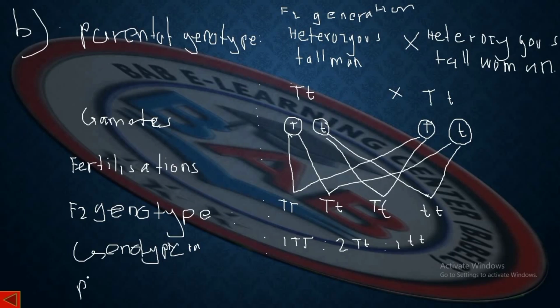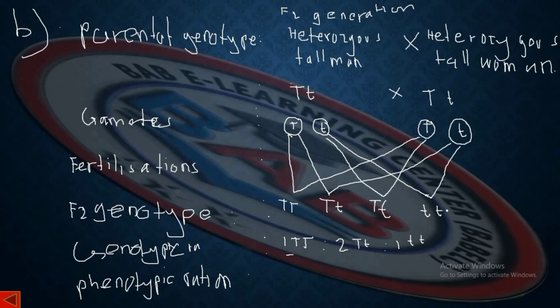Then the phenotypic ratio. This one is tall because it contains two dominant alleles for tallness. These ones are also tall because they contain a dominant allele for tallness, which masks the effect of the recessive allele. Thus, the offspring become tall.